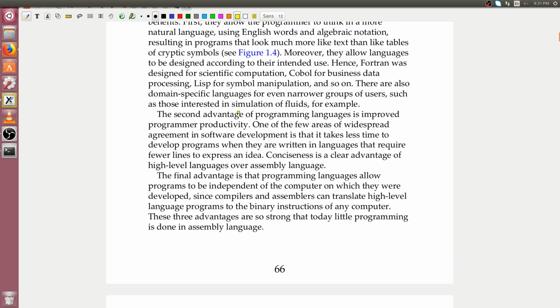Okay, the second advantage of programming languages is improved programmer productivity. One of the few areas of widespread agreement in software development is that it takes less time to develop programs when they are written in languages that require fewer lines to express the idea. Okay, so what are we talking about here? If we want to write a program that does something, we don't want to have to write 500 lines of code that are mainly managing control flow.